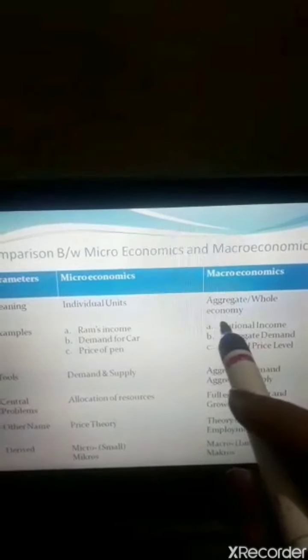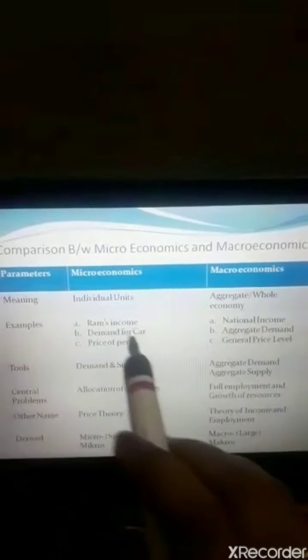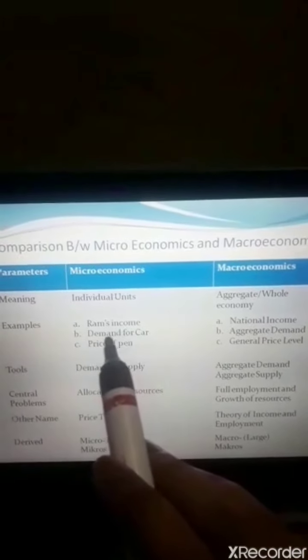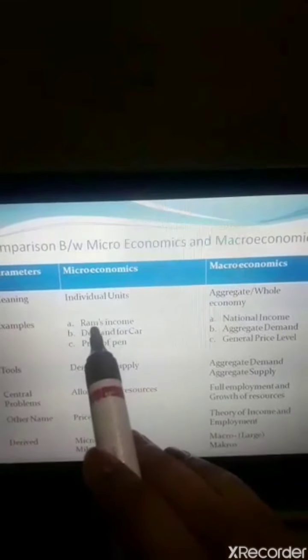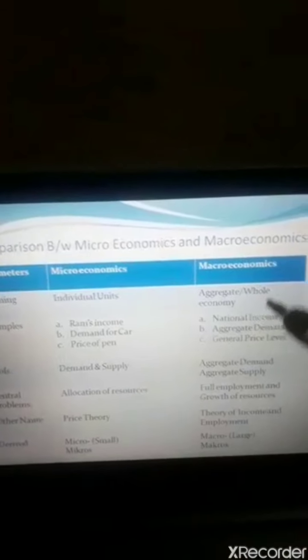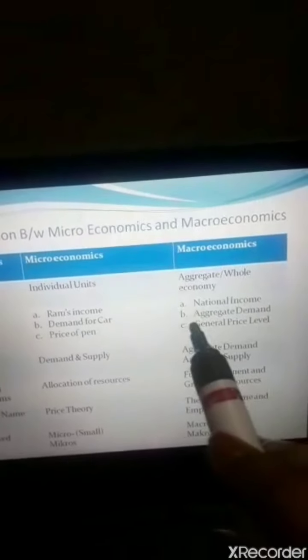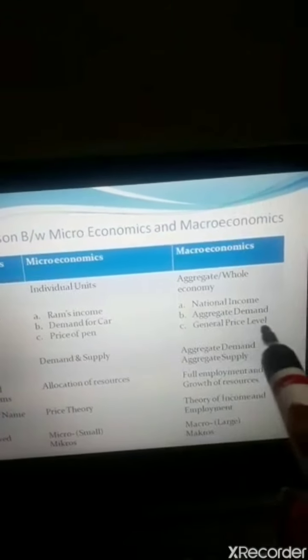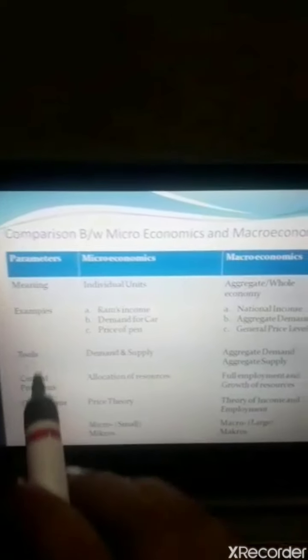Microeconomics deals with individual units, macroeconomics deals with the economy as a whole. If we are talking about individual things, that's microeconomics, like Ram's income, demand for a car, price of a pen, price of sugar, etc. When we are talking about total items, then it is macroeconomics, like national income, aggregate demand, general price level.